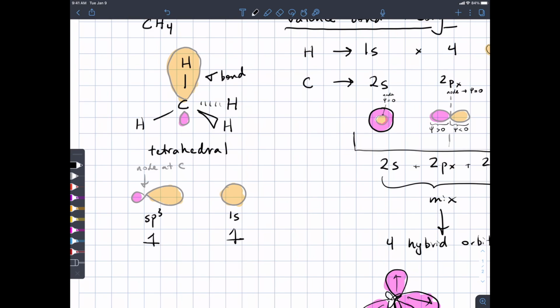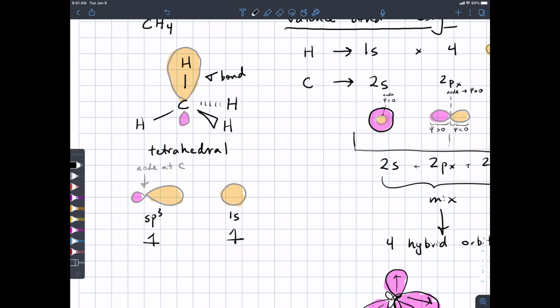I don't know why it's called sigma, actually. Sigma bonds are cylindrically symmetrical, which means that if you rotate one partner in a sigma bond relative to the other, you don't change the ability of the orbitals to overlap.